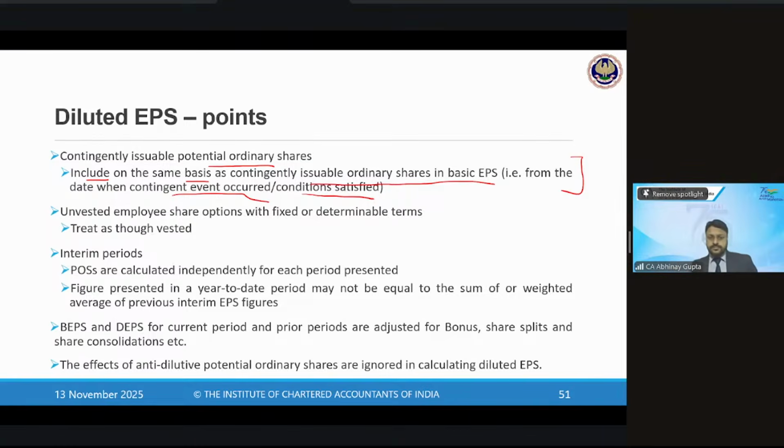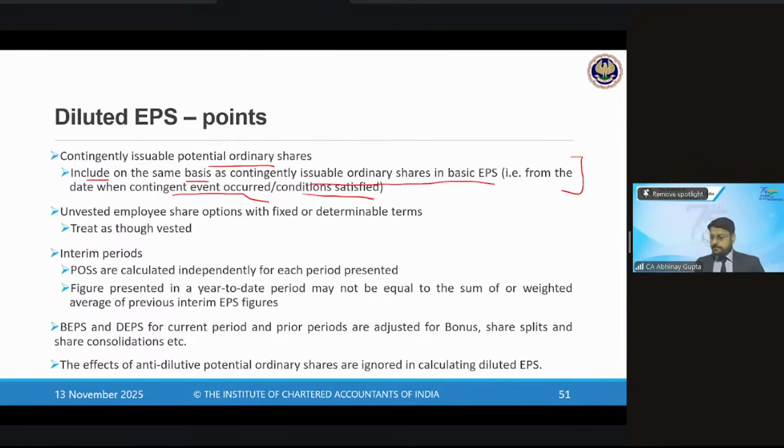Possible? No. No management estimates, no assumptions, no presumptions, right? Unless and until the event occurred or conditions are satisfied, we will wait to adjust for any of these potential ordinary shares. Is that clear?